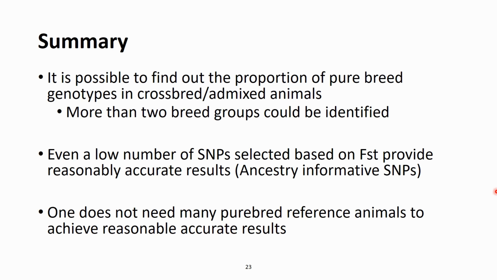Even a relatively low number of SNPs is sufficient to determine the admixture proportions, and you can improve your results if you select these SNPs in a specific way, for example, based on FST statistics, with the so-called ancestry informative SNPs. What you also need most of the time is purebred populations, but actually you don't need too many purebred individuals to be able to determine the admixture proportions in your crossbred or admixed individuals.